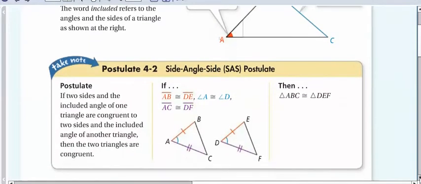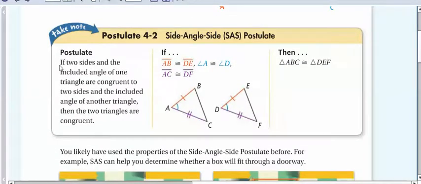Now this term, included angle, is going to show up in your next postulate. So, postulate 4.2, write it down.